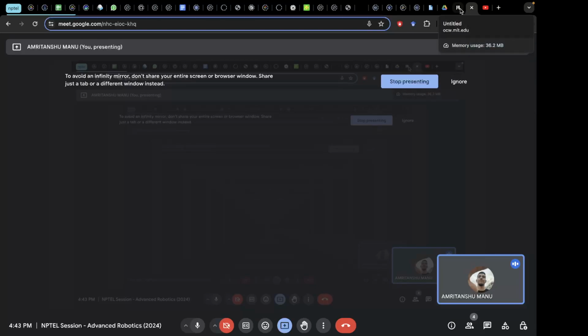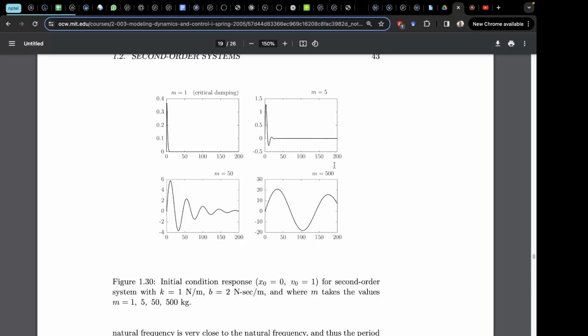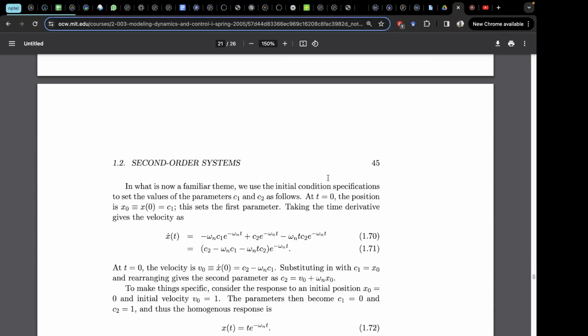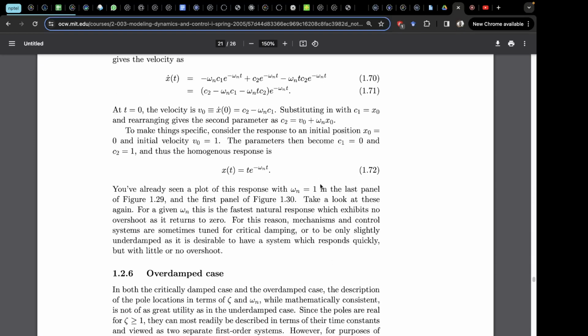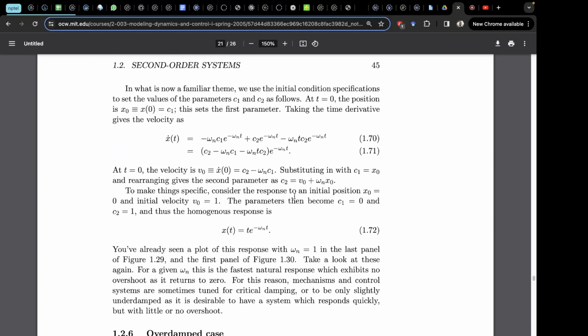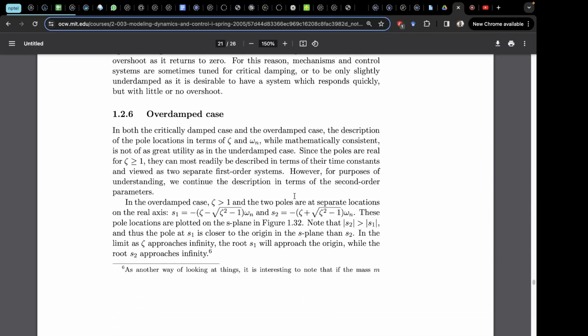Okay, so I think you got the point, right? Great. What I was showing you is critical damping. And finally, we have the over damped case, in which the damping ratio is greater than 1, right?